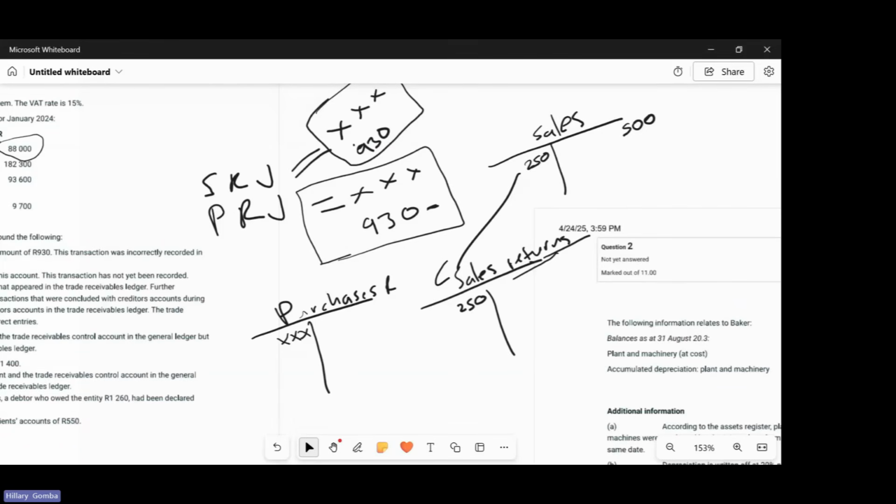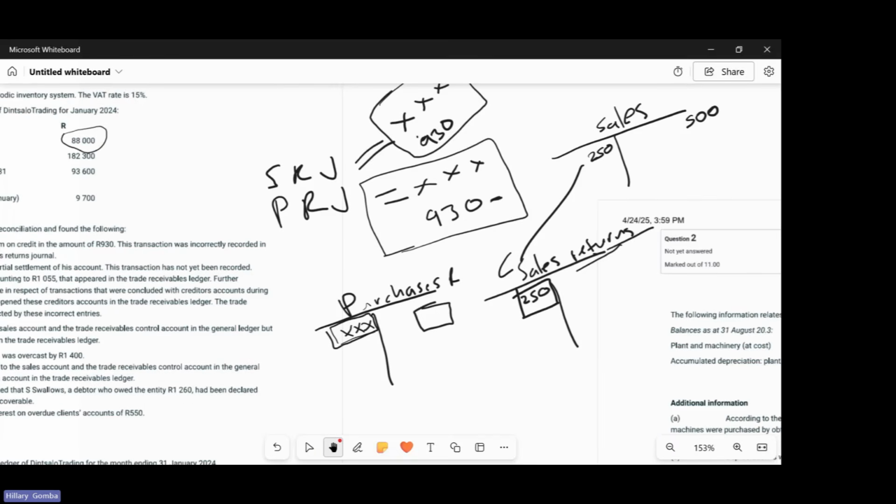So what our bookkeeper did, they recorded it in the wrong journal and forgot to write it in the sales returns. So what we need to do is to minus that 930 from the purchases returns and add it correctly to where it's supposed to be, which is the sales returns. Does that make sense? Yes. Okay, so this is what happened here.